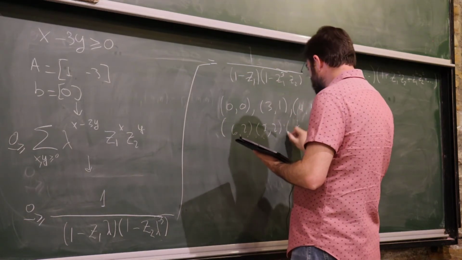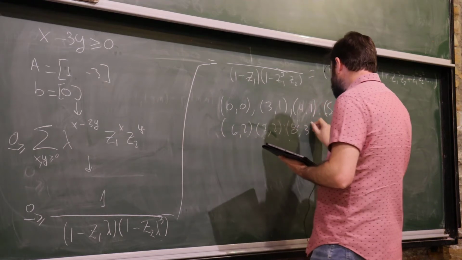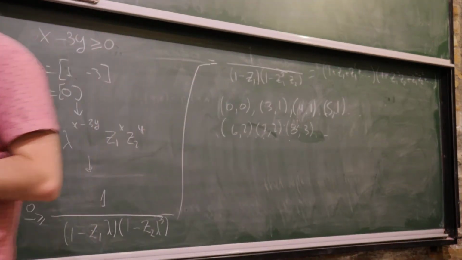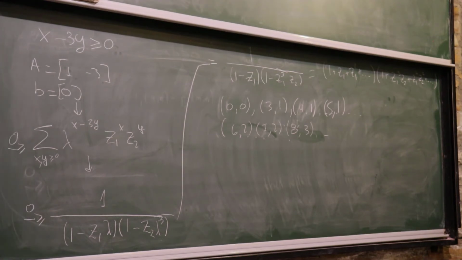Seven, 2, 8, 3, etc. Okay? And indeed, these are all the points where the first part is at least 3 times larger than the second. Good. Okay.